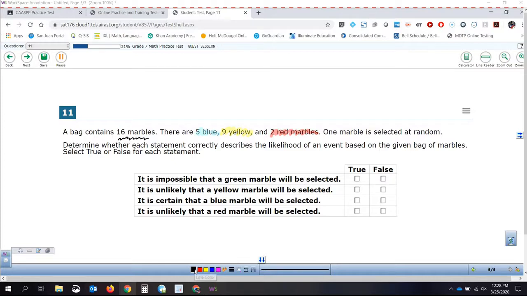So let's talk about probability. Probability equals the number of winning outcomes over the number of total outcomes.